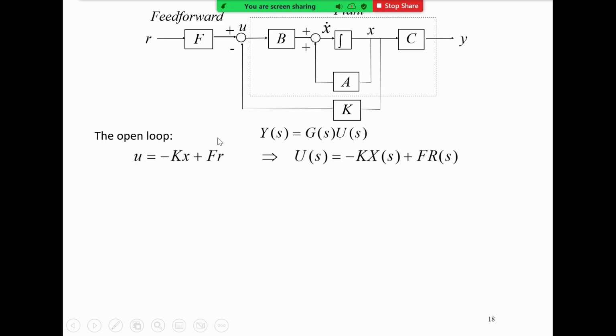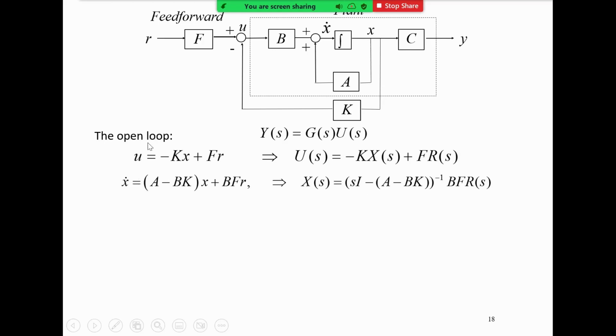Here, in this relation, there is no derivative. And then for the closed loop equation, we plug this u into the original equation. This is the closed loop model, and then we apply the Laplace transform, and then we can get the x.